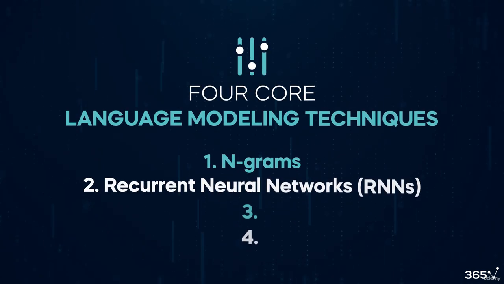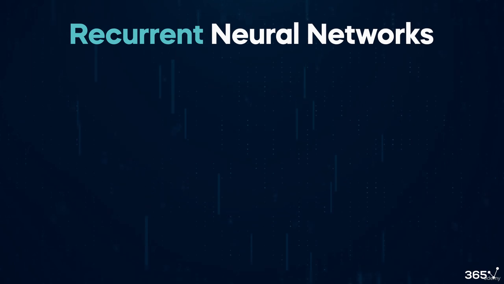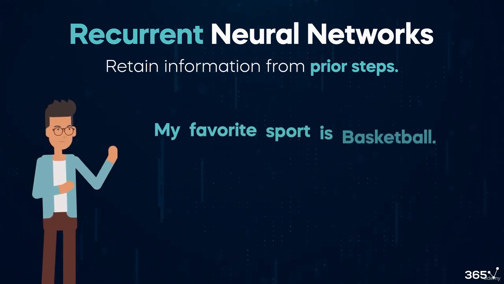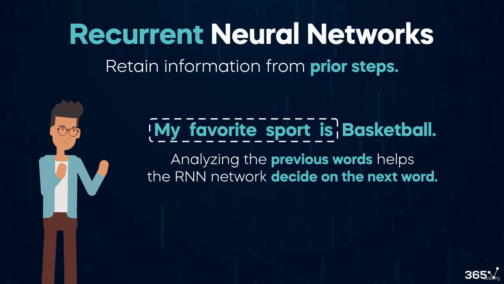Neural nets are undoubtedly a giant leap forward. Recurrent neural networks, or RNNs, are neural networks that work best with text. A key strength of RNNs is their ability to retain information from prior steps in the neural network. Analyzing previous words in a sentence helps the RNN network decide on the next word.